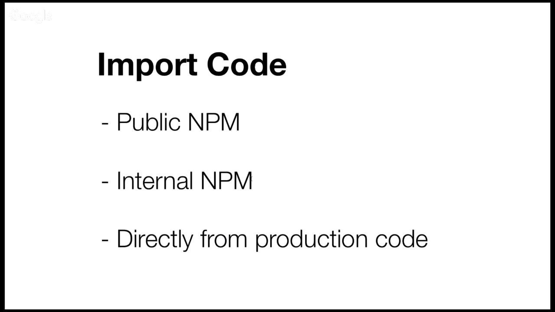And then the third one is a little bit different, and it's the one that I'm still experimenting with. What if we don't have this npm repository, and we want to directly import the code from production? I've seen that there are some people working on it, and I'm going to send you the link from one person.